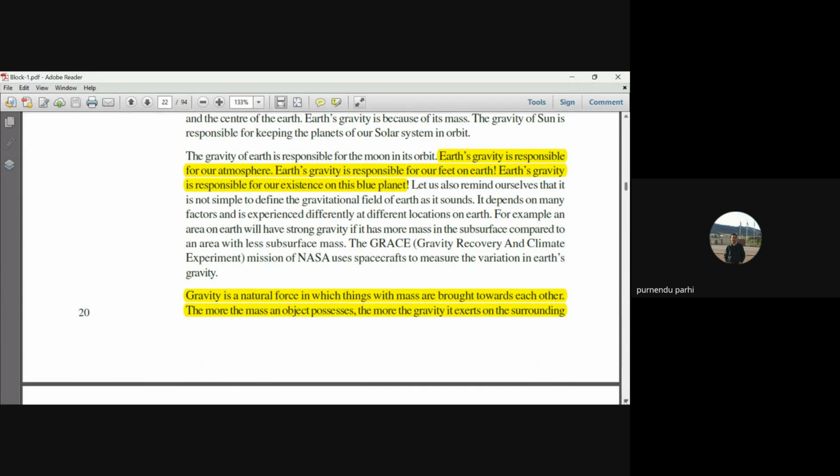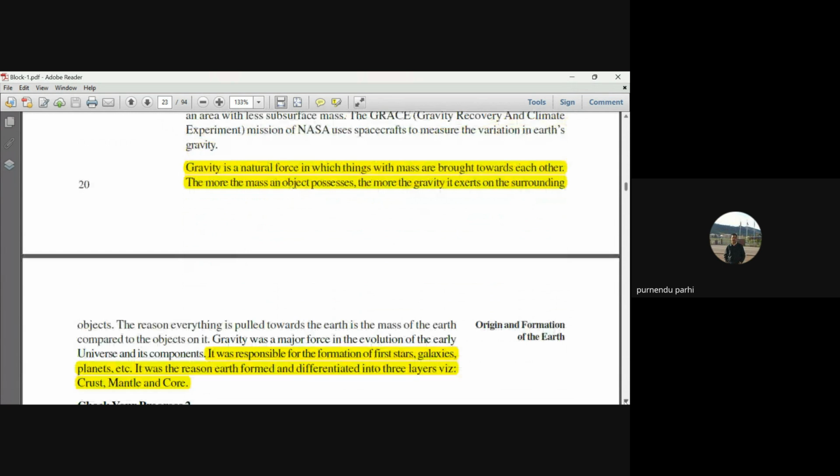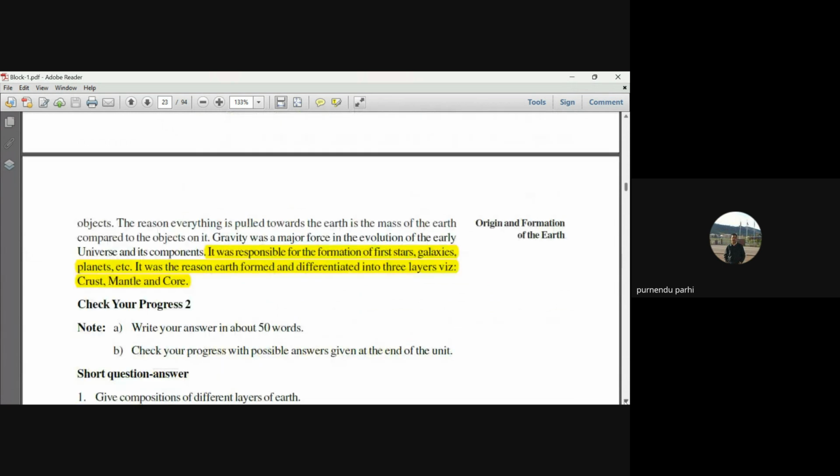Gravity is a natural force in which things with a mass are brought towards each other. The more mass an object possesses, the more gravity it exerts on the surrounding objects. The reason everything is pulled toward the Earth is the mass of the Earth compared to the objects on it.